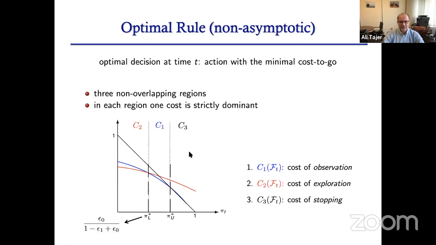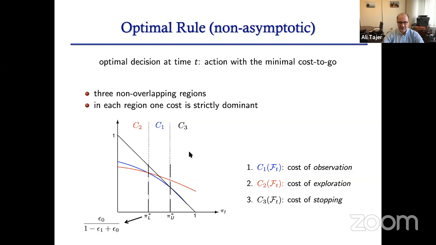Now, under the model, if you look at the structure of the cost functions associated with the three different actions, we'll see an interesting behavior. First, we can show that these cost functions, instead of depending on the entire data up to time t, which we denoted by calligraphic F_t, become only a function of a probability term pi_t.